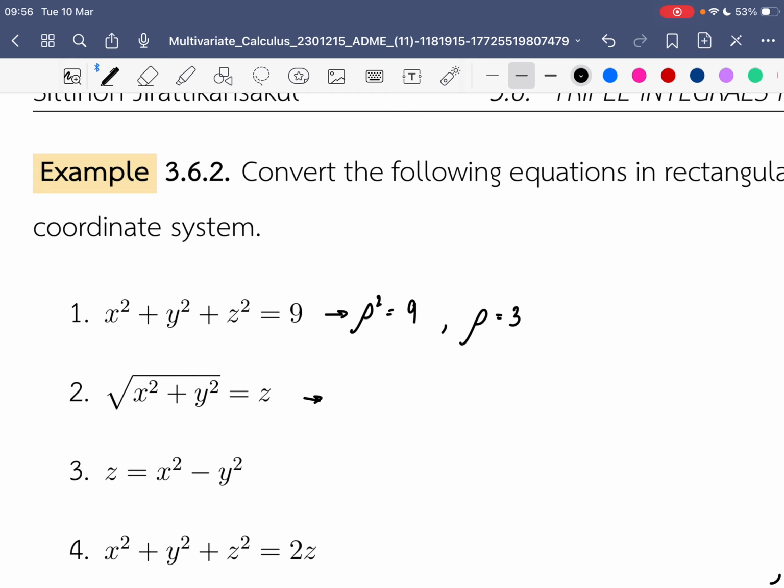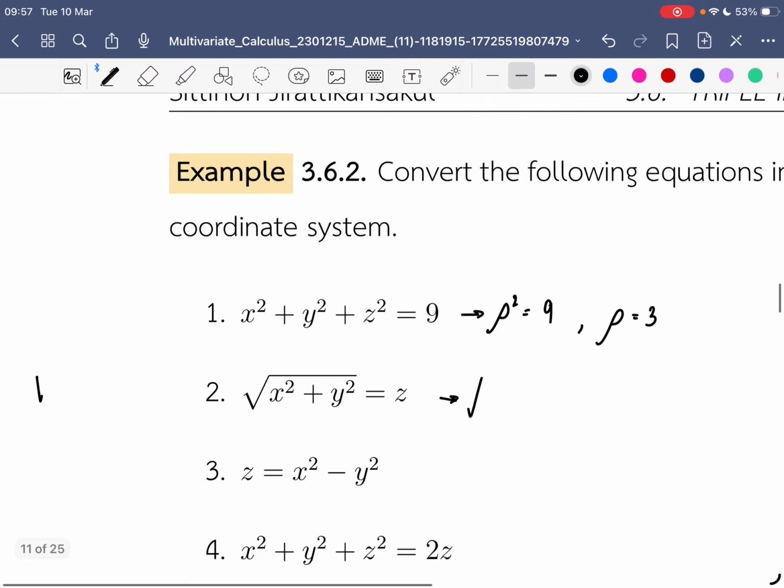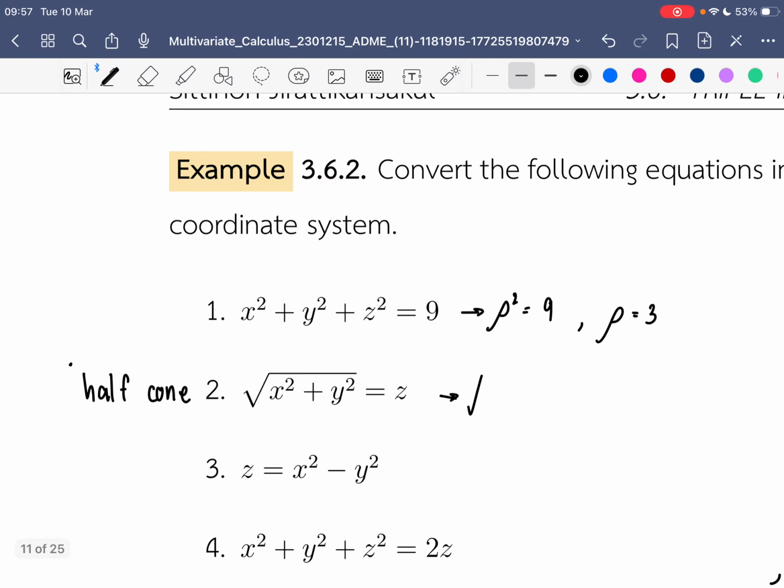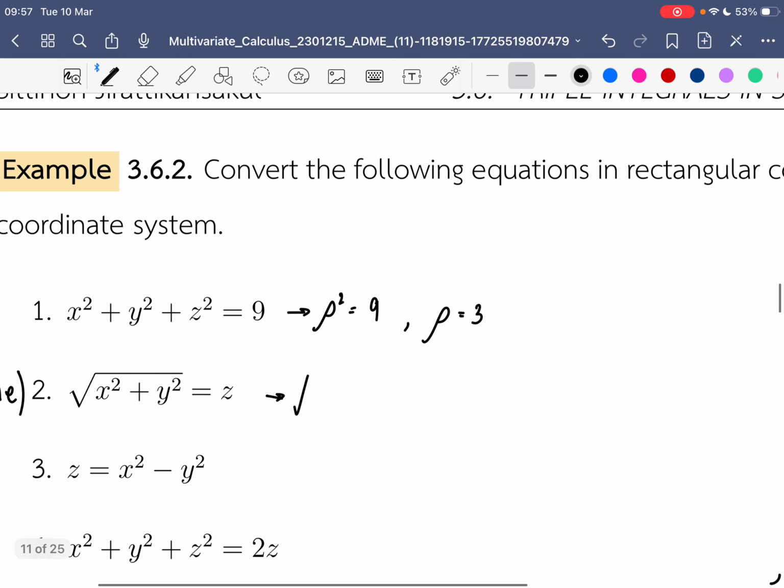For the second one, I will compute once again. This is a half cone, right? The ice cream cone. So this is r squared cos squared theta sin squared phi plus r squared sin squared theta sin squared phi equals r cos phi.